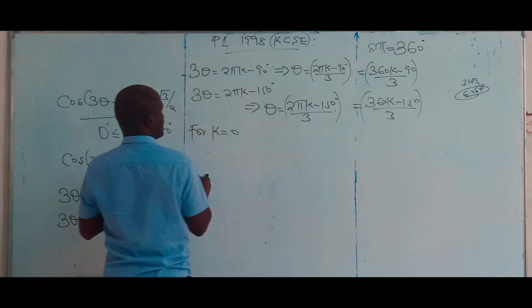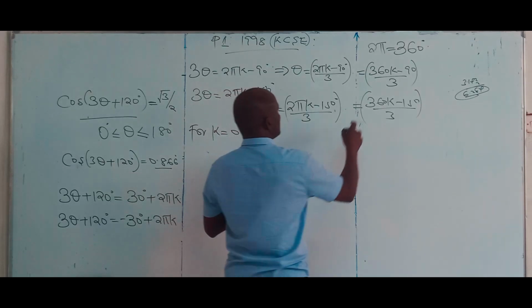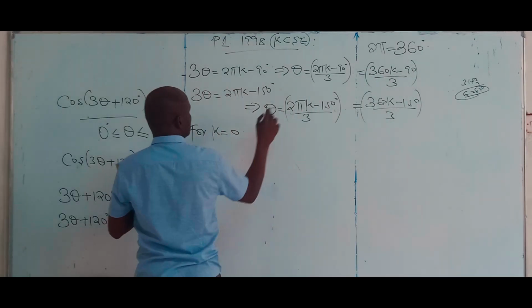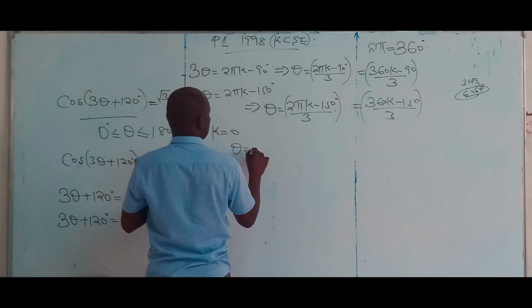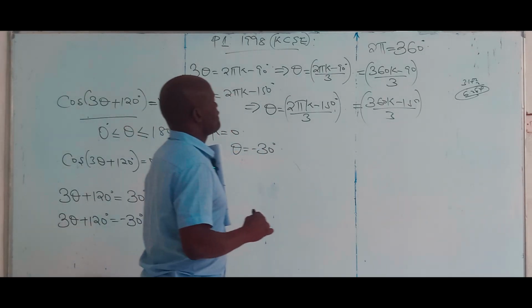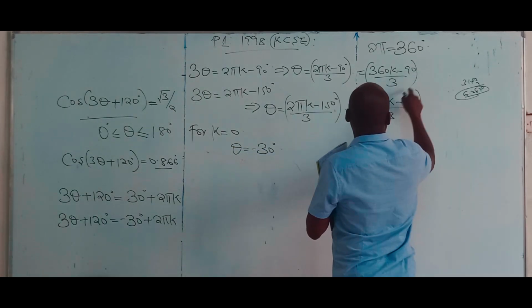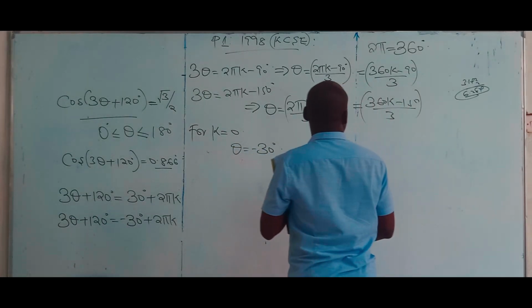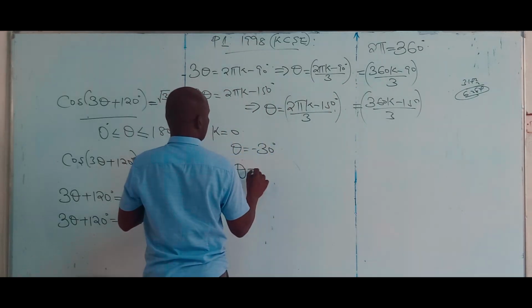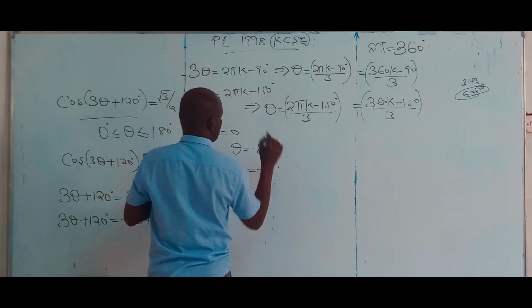So for k equal to 0, if we pick the first part, theta is minus 30 degrees. If we pick the second, for k equal to 0 we have minus 50 degrees.